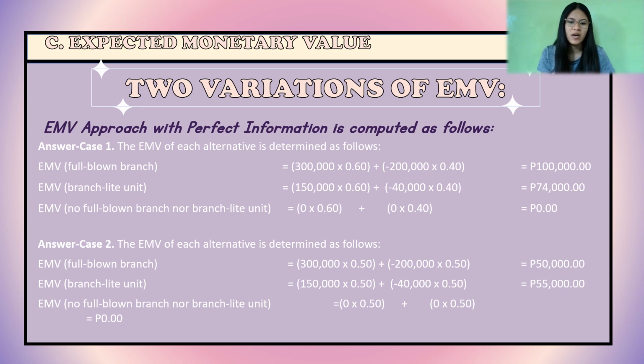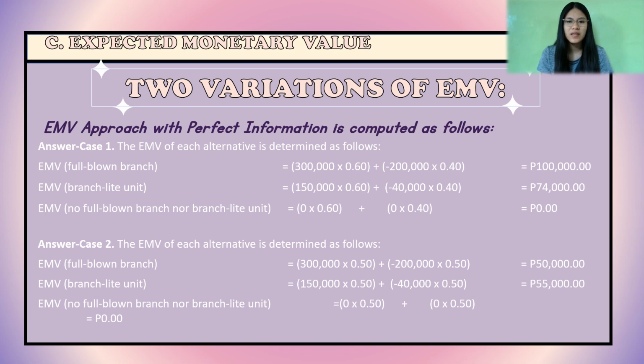The expected monetary value naman of no full-blown branch nor branch-light unit equals favorable market condition na 0 times 60% plus unfavorable market condition na 0 times 40%, which is equal to 0. So, sa case 2 naman tayo.